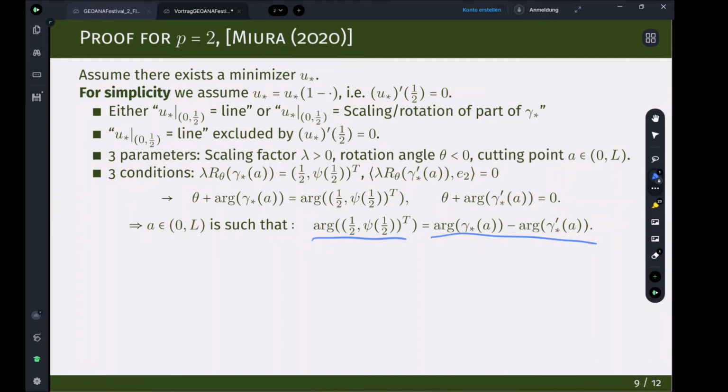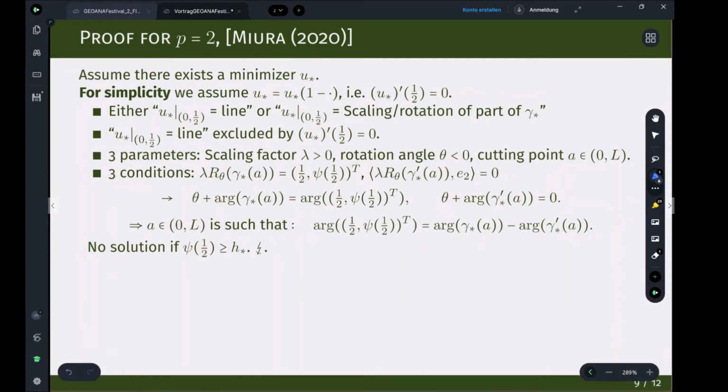And this is actually great, since now one can solve this for A, or one can look at whether this has a solution for A at all, like it's just a one-dimensional problem now. And if it has no solution for A, then we know that we cannot find a minimizer. And indeed, this will be happening, that we have no solution for this equation if psi of 1/2 exceeds this H star.